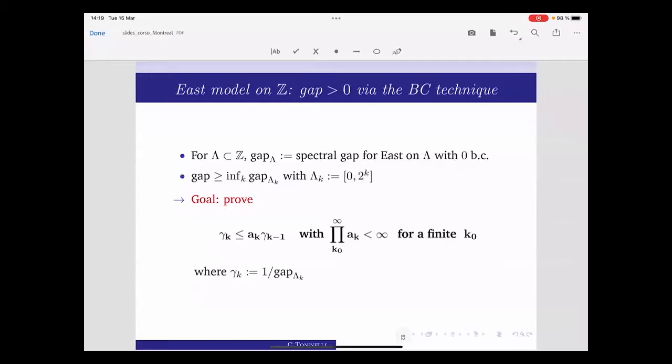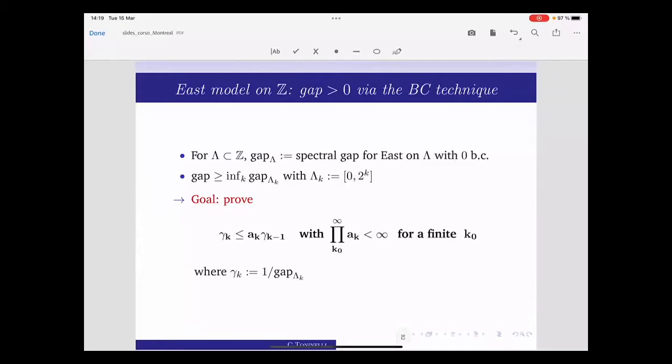And if I want the dynamics on finite volume to be ergodic, so able to relax to equilibrium, I have to choose an empty boundary condition on the right. Otherwise, the rightmost site of my interval will never be able to update.